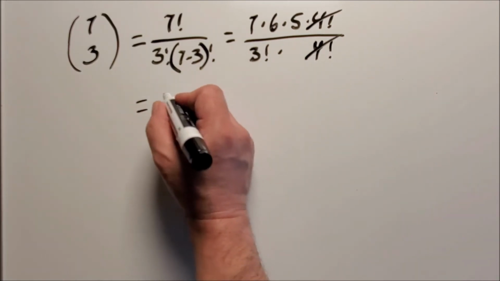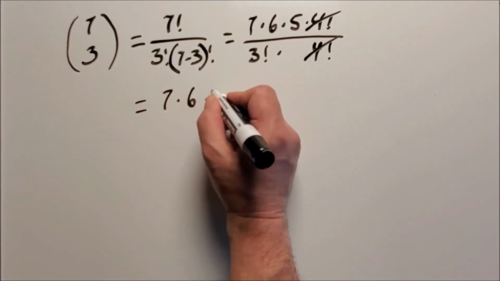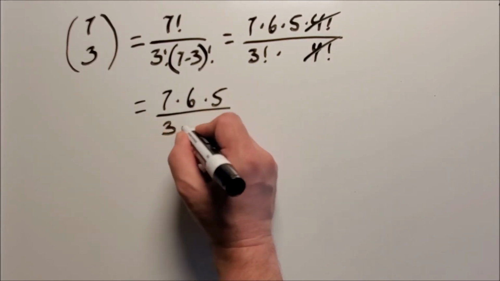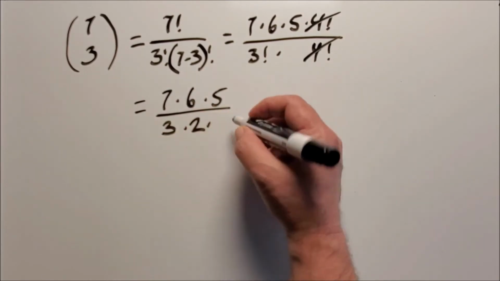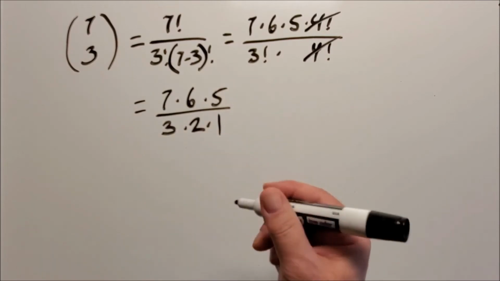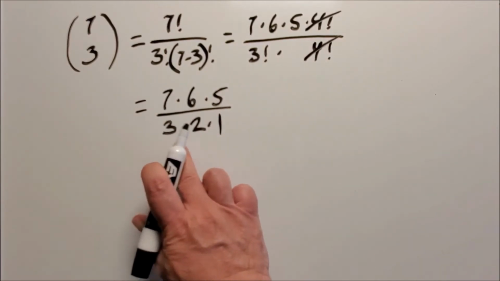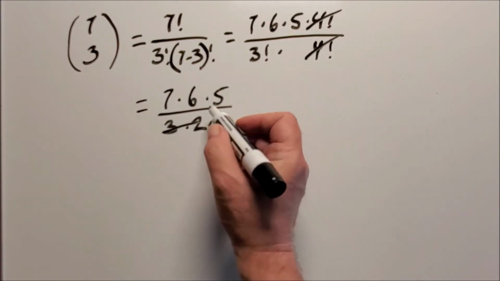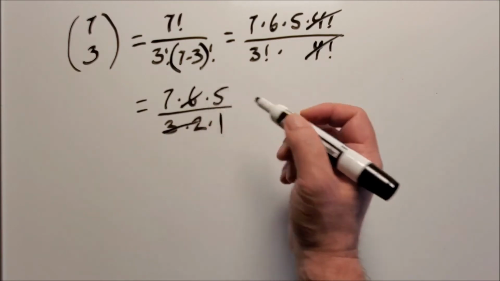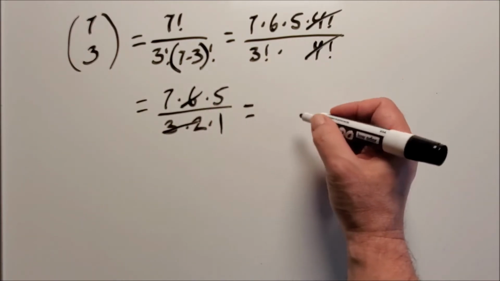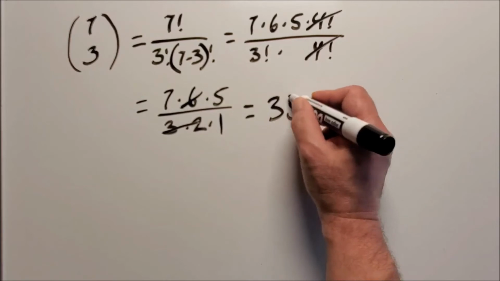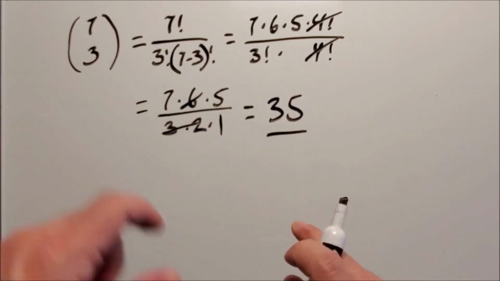So now we're looking at 7 times 6 times 5 over 3 factorial, which is 3 times 2, times a redundant 1 if you want to put it in there. Well, 3 times 2 is 6, so I can cancel the 3 times 2 against the 6 on the top, and I get 7 times 5, which is 35. So that would be the answer to the first one.